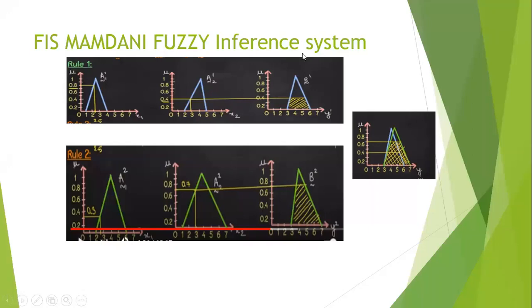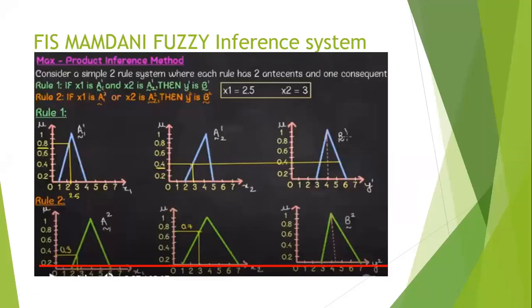Combining these two shaded regions is the output of the Mamdani fuzzy inference system. Whereas in the second case, the max product case, we are directly scaling down to the resultant membership function value.